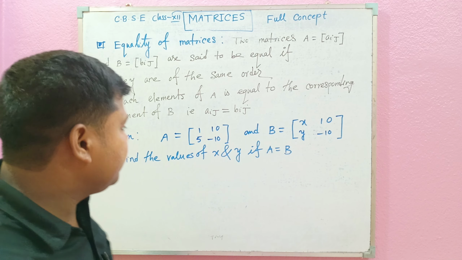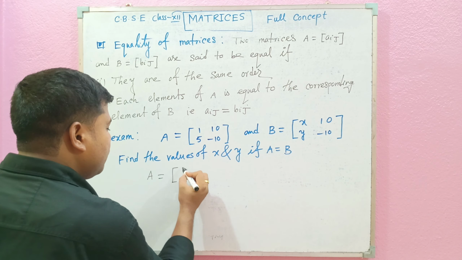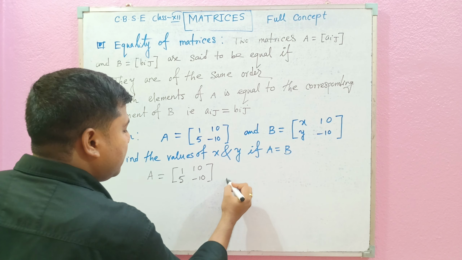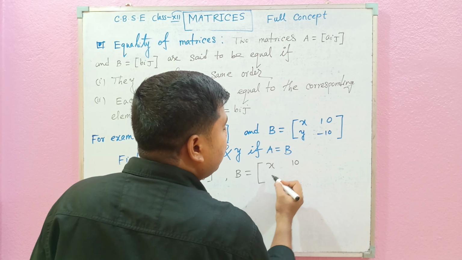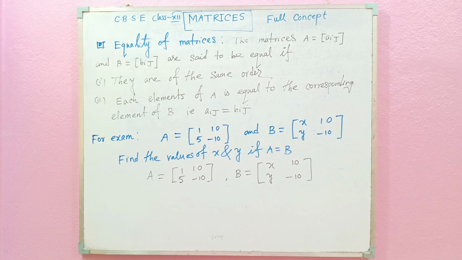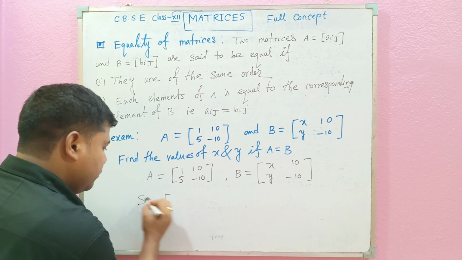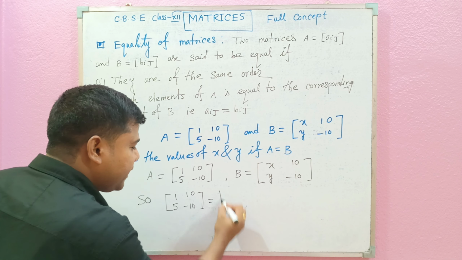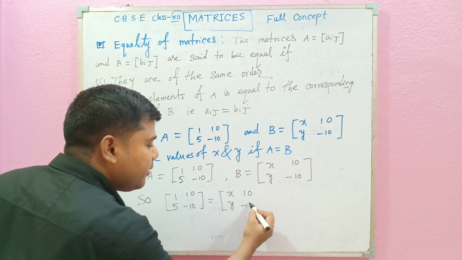It is given that A is equal to 1, 10, 5, minus 10, and B is equal to x, 10, y, minus 10. Since A and B are equal, so 1, 10, 5, minus 10 is equal to x, 10, y, minus 10.